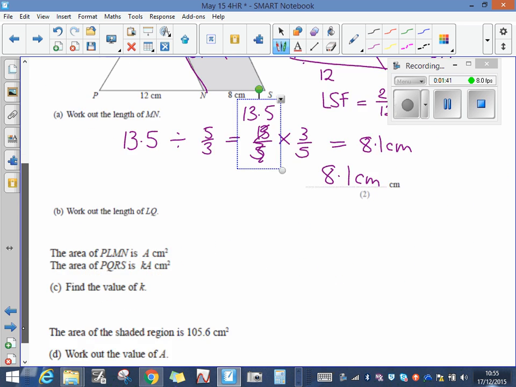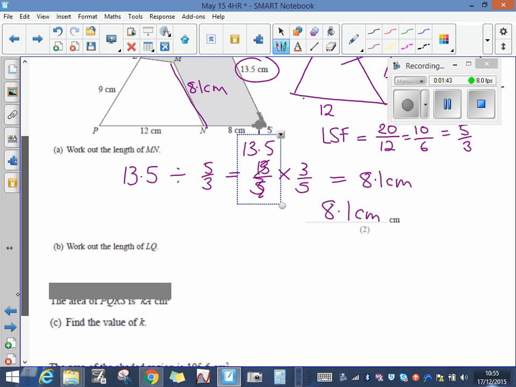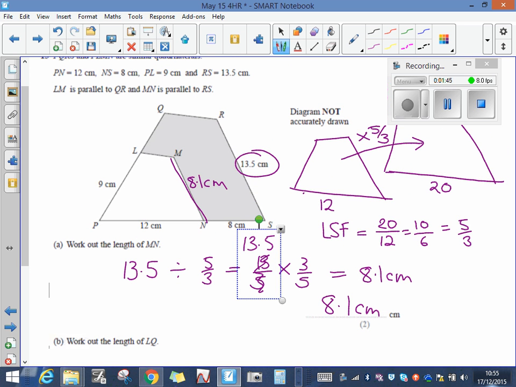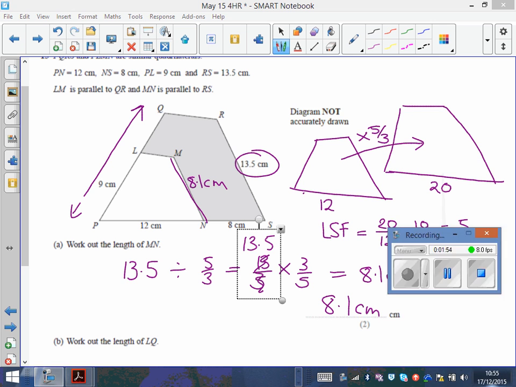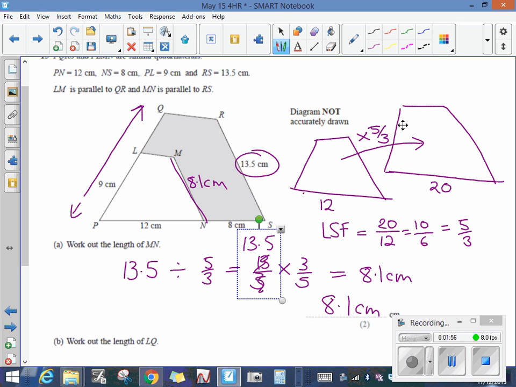Right, next question says work out the length of LQ. Okay, now if we look at this, what I need to do is work out the length of all of this, which with the equivalent over here is the length of this side here. Now I know that this side here is 9 centimeters long, and if I want to work out all of it, all the way from there to there, I'm going to do 9 multiplied by 5/3, and that comes out as 15.